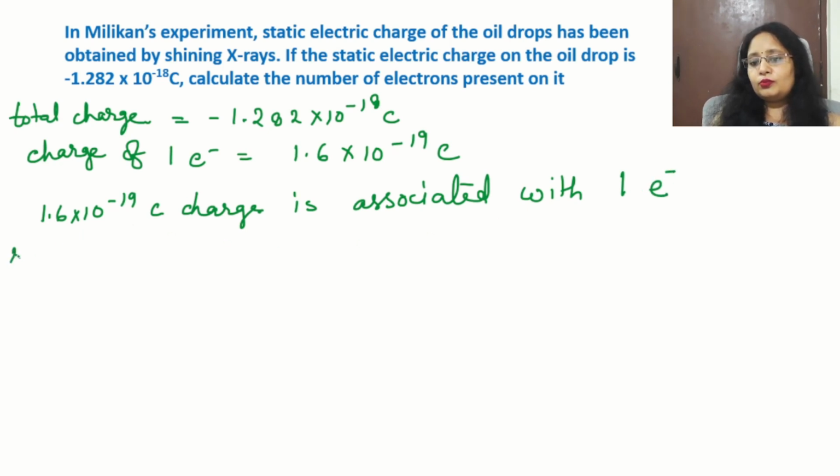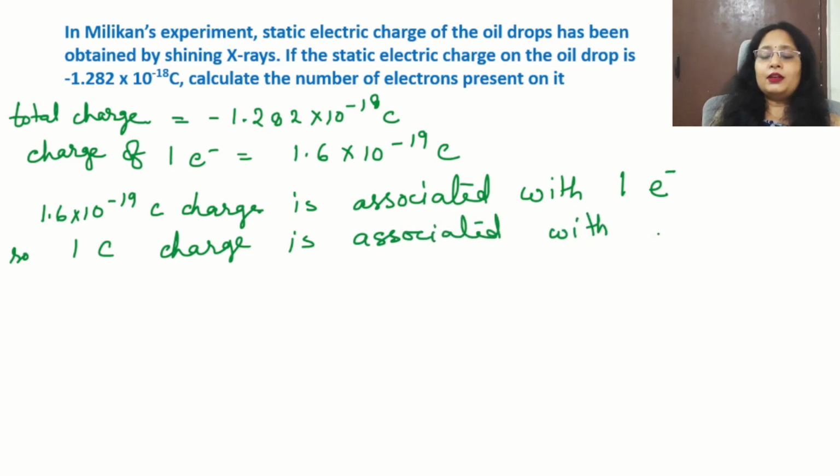So 1 coulomb charge is associated with, we will divide 1 by 1.6 into 10 to the power minus 19 coulomb, this many electrons. So 1 coulomb charge is for this much electrons.